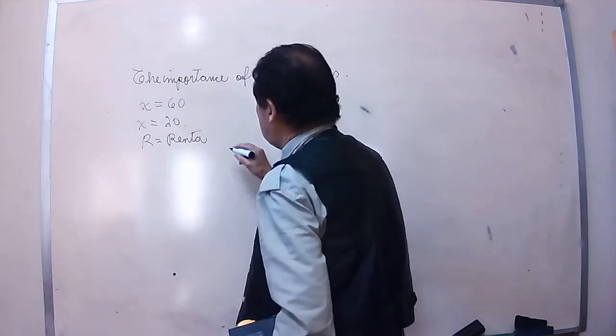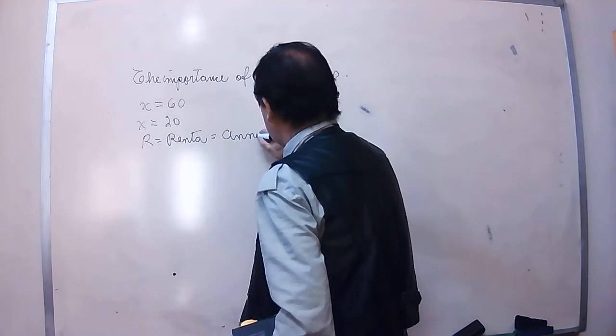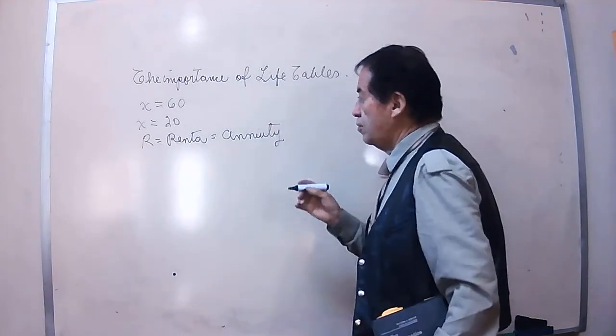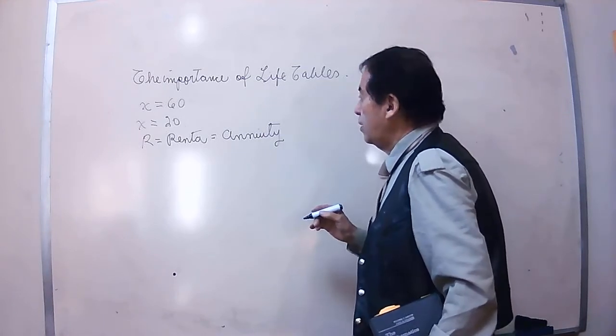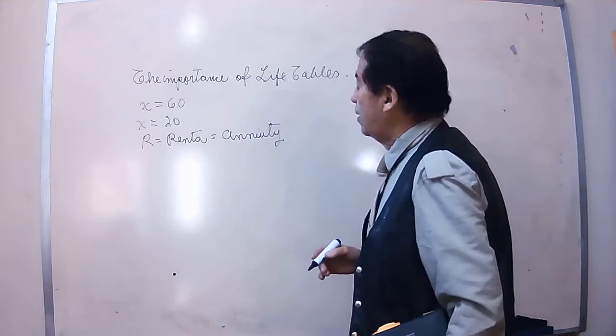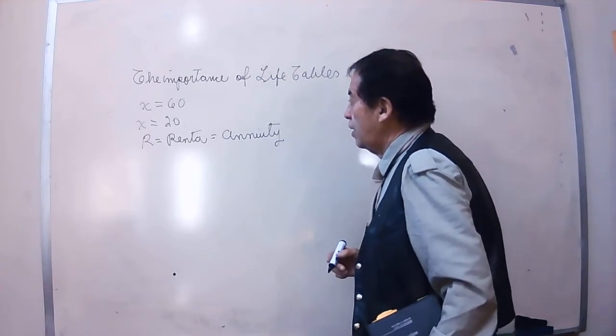R means renta or annuity. We're going to suppose that this annuity is an annual annuity because the explanation is going to be much shorter than if I explain with a monthly annuity.